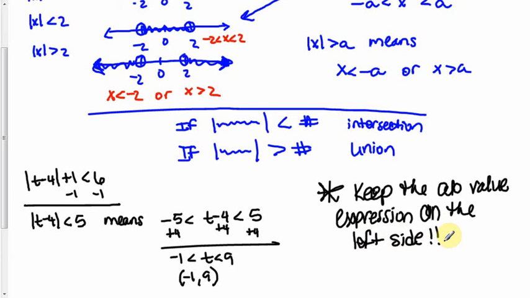Very important. That's actually on page 358 where it says review and complete. It is generally easier to solve an absolute value inequality if the absolute value appears on the left side of the inequality. So you always just want to keep it over there because it'll make way more sense to follow your rules. Okay?